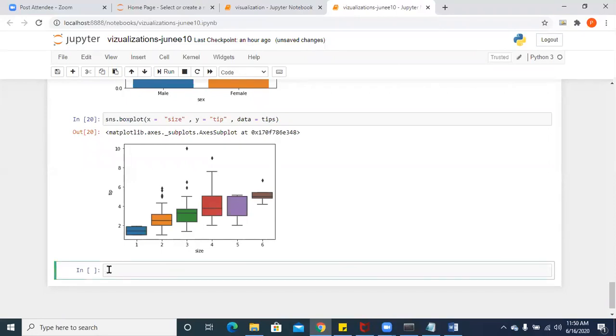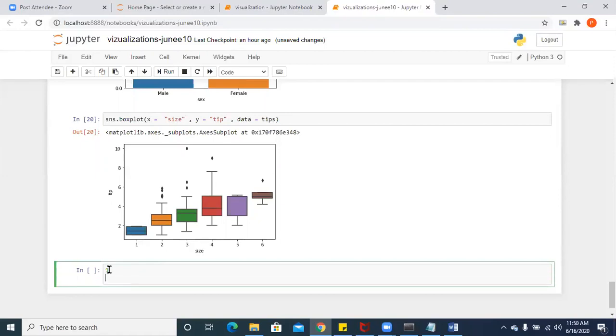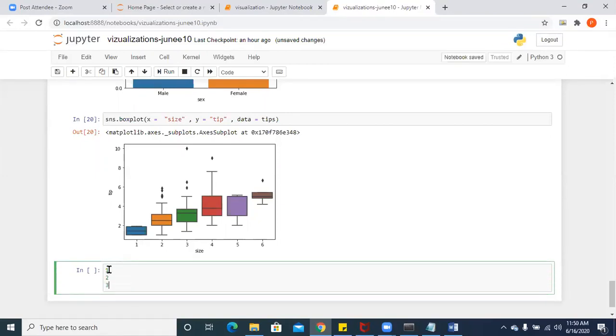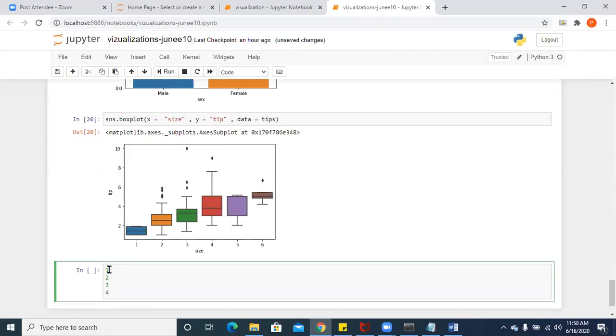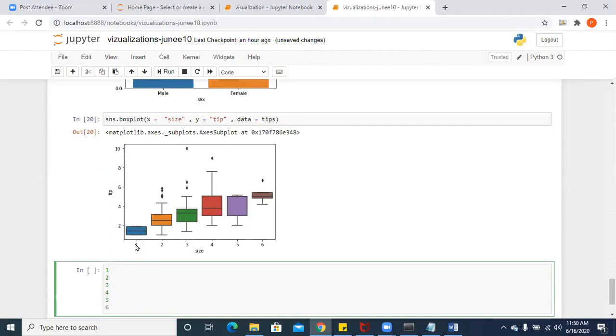People who came to the restaurant is only 1. People who came to the restaurant is 2, 3, 4, 5, 6. So there will be many individual persons coming to the restaurant, and the size-1 parties are giving the tip between $1 and $2.